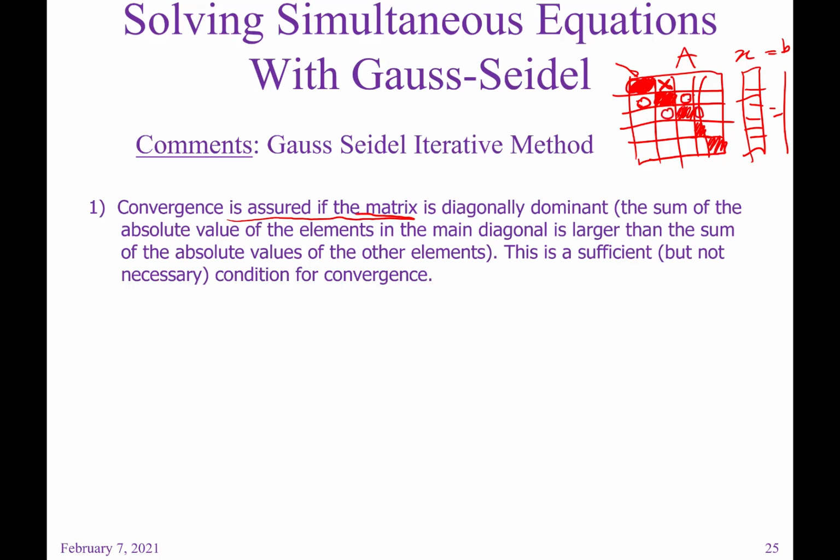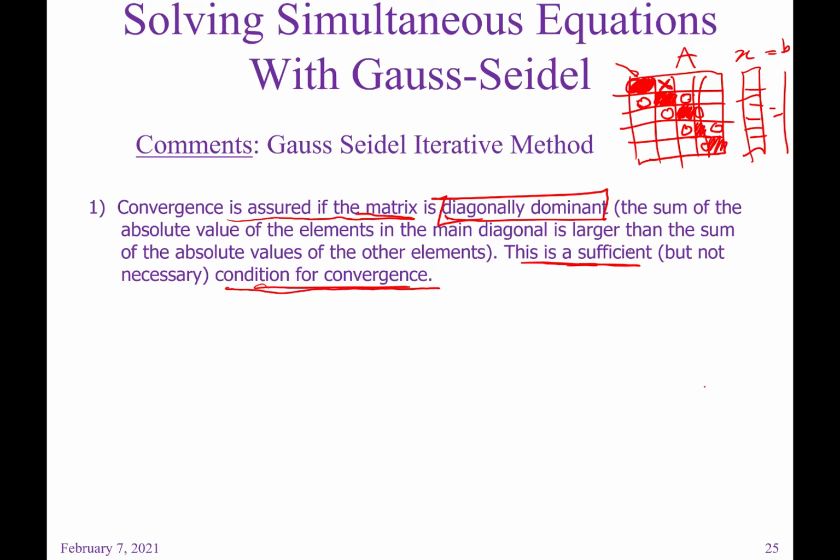So the absolute value on the diagonal is always greater than the sum of the two off-diagonal terms. Then that matrix is diagonally dominant, and that is all you need to get convergence. That's a sufficient condition, but it's not necessary in order to get convergence.